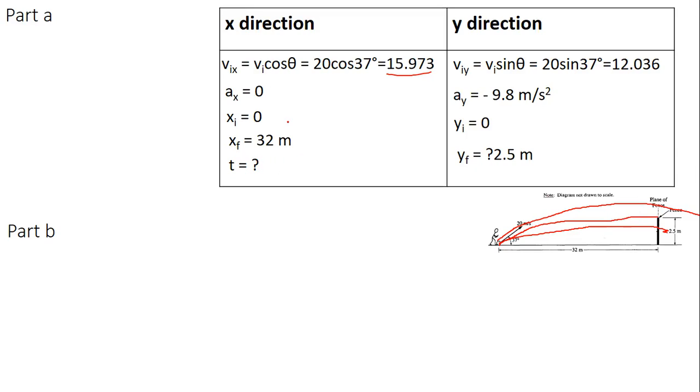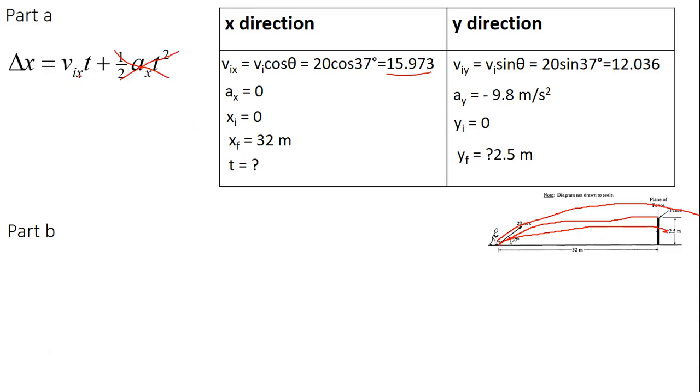So, like I said, we don't know YF. To figure out T, we actually just need to use the X direction. We can use the second kinematic. So XF minus XI is 32, so that's the displacement. So we would just want to enter in a 32 for delta X. And then since AX is 0, we can just entirely get rid of that term in the second kinematic.